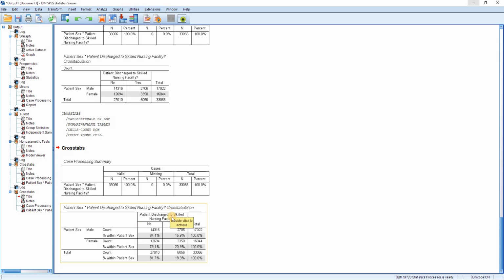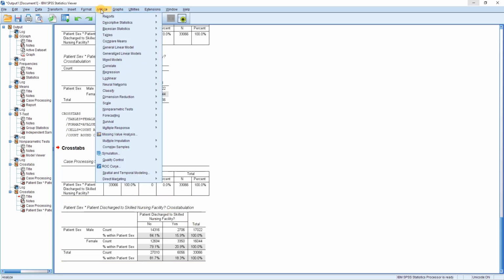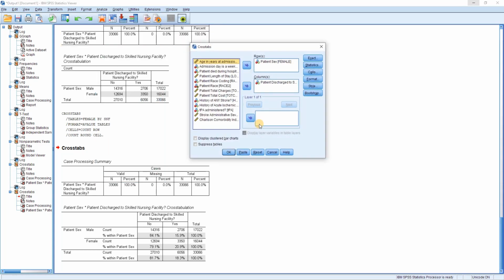And what we are going to do is run a third crosstab table here. I'm going to go ahead and click reset and add in the patient's gender and TPA. So again, we'll add gender, and TPA administration to my column here.